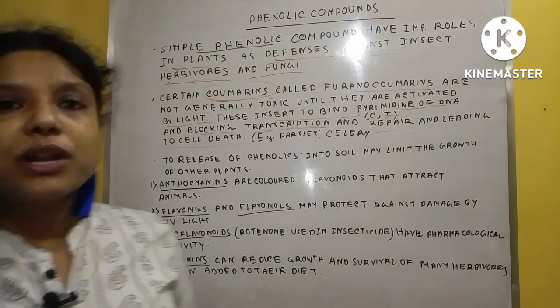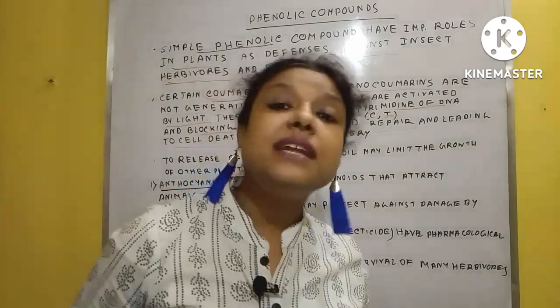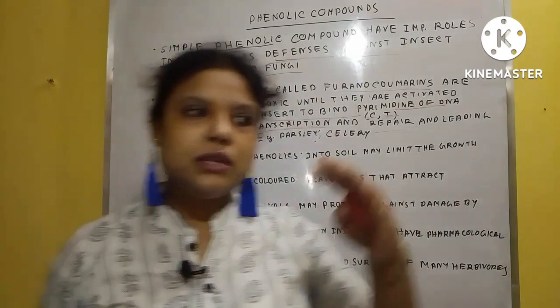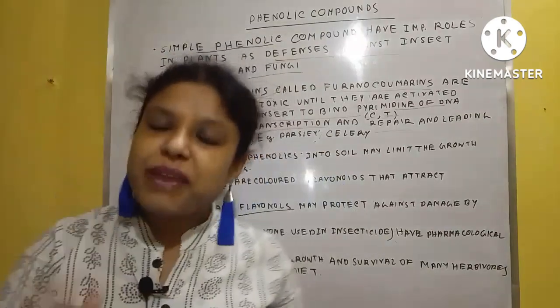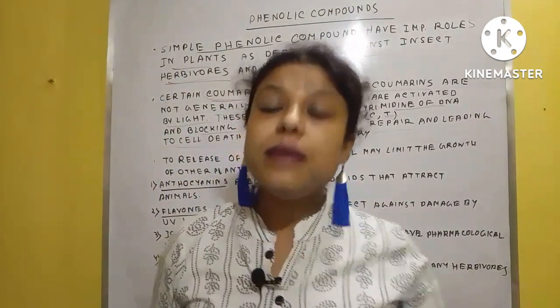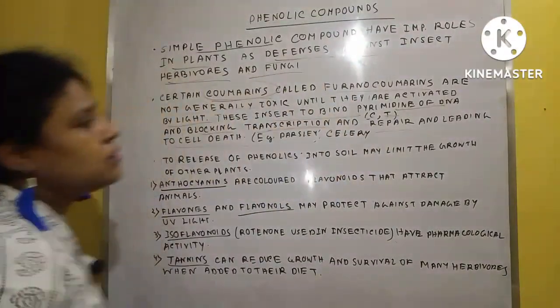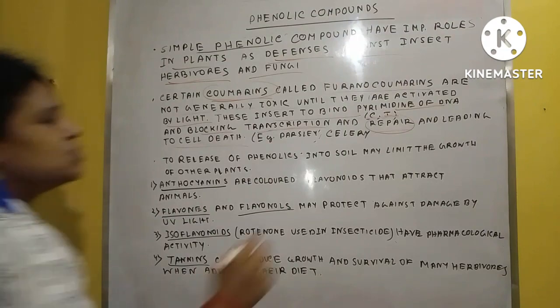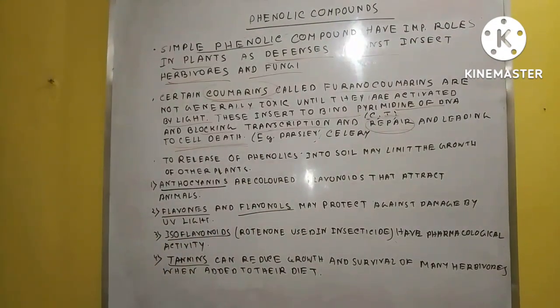Repair is very important, and it is seen during DNA replication. Replication means the formation of a new DNA from the parental DNA, but repair is also important. When the repair process is totally stopped, cell death is possible.